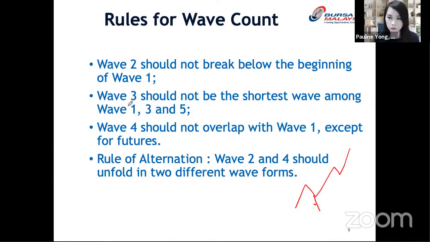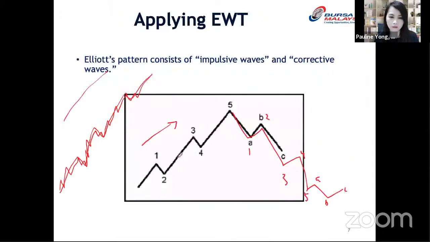Then principle number 2, wave 3 should not be the shortest wave among the 1, 3, 5. Remember, we have 3 up waves here, 1, 3, 5. So this is wave number 1, number 3, and then wave number 5.